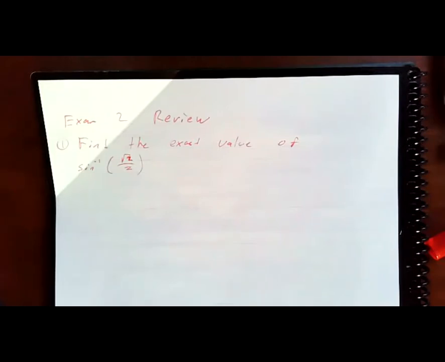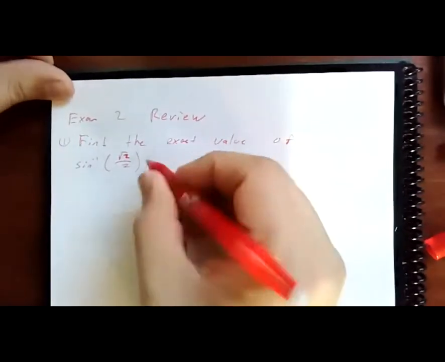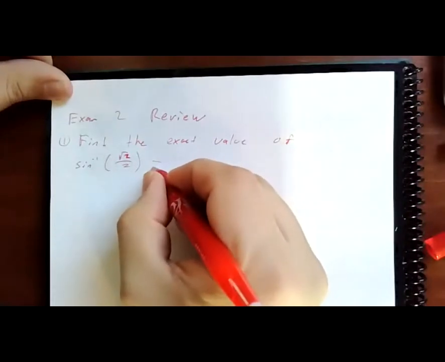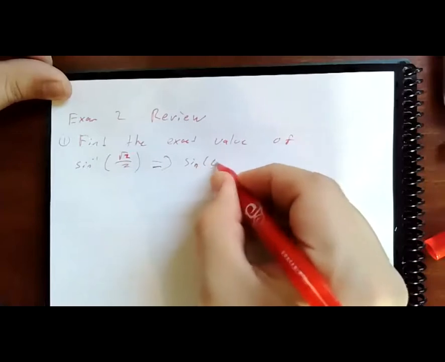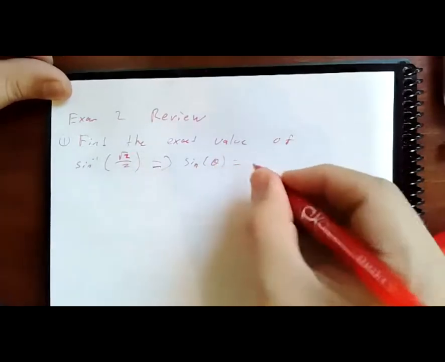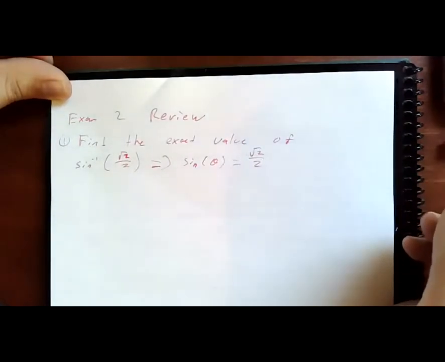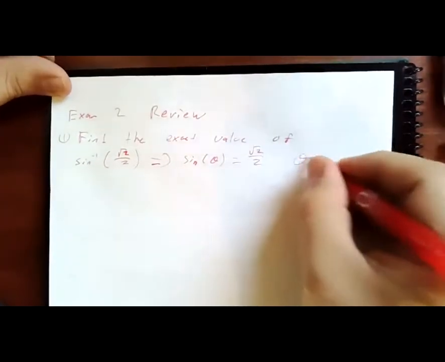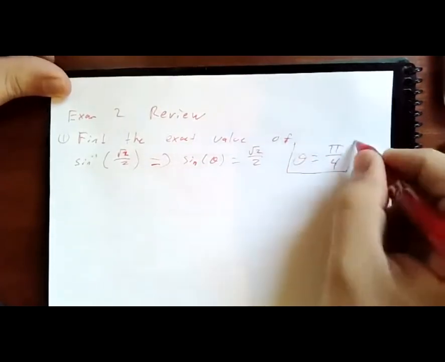You can just use the definition, or you technically could use a circle, but it's better to use the definition or understand what this means, right? The definition says that this means there exists a theta such that sine theta equals square root 2 over 2. That theta would be pi over 4 by looking at the circle.